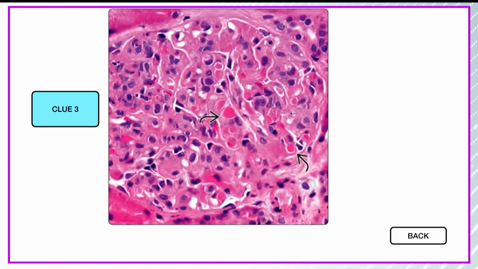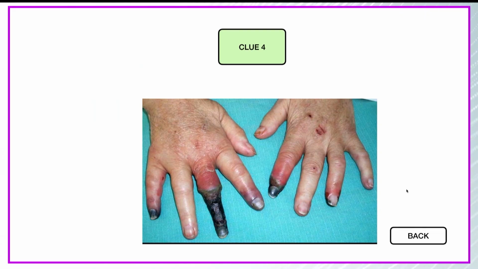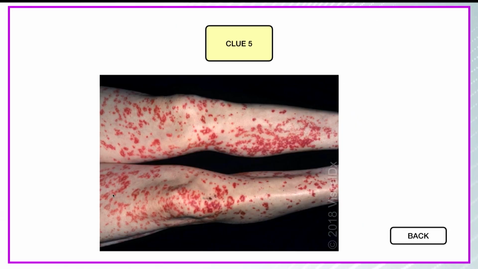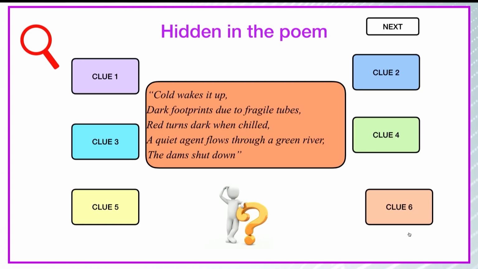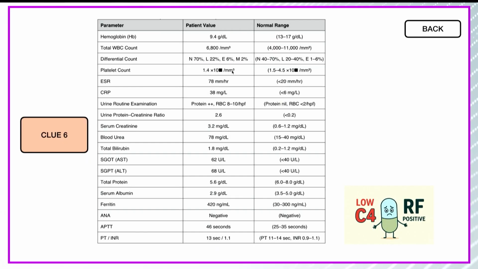And this is a histopathology showing pseudothrombi, and this is gangrene, and we have classical purpura, and this is an investigation which shows anemia, with urine showing RBCs and protein with creatinine raised, so it's a renal failure.